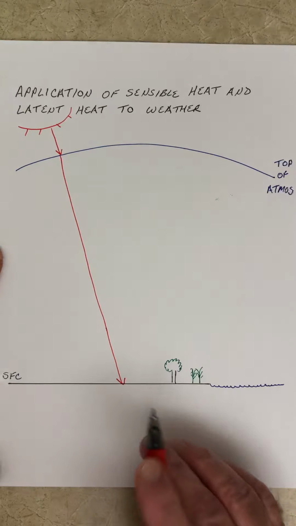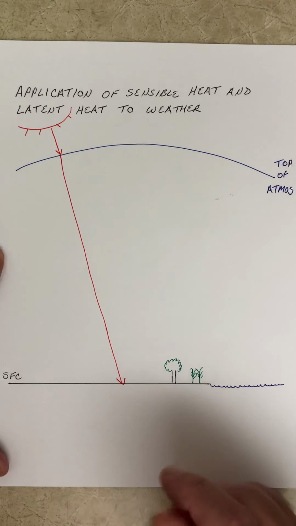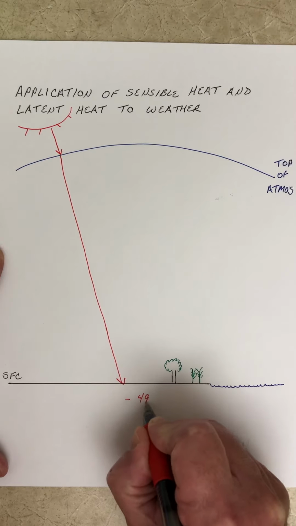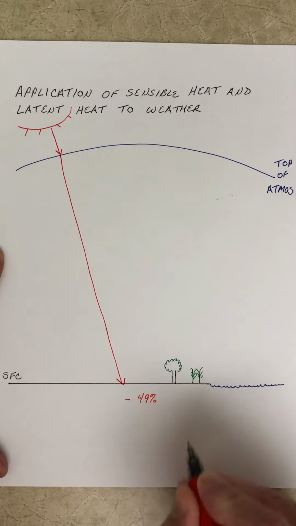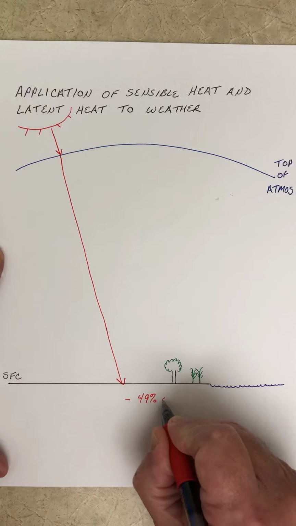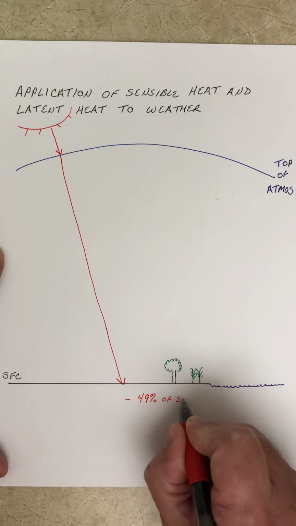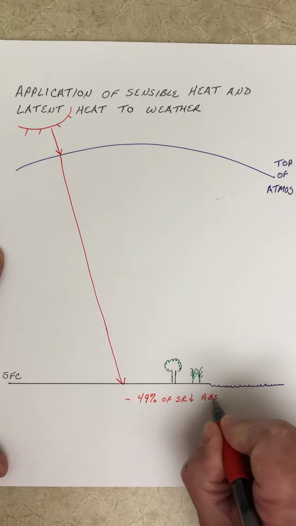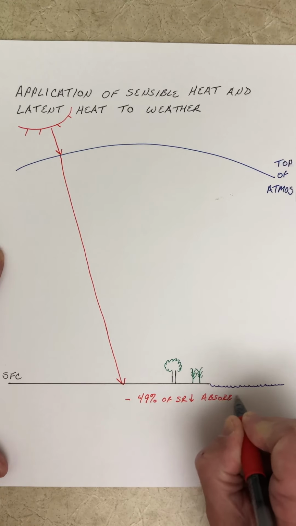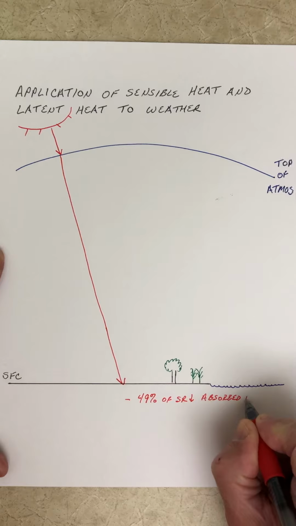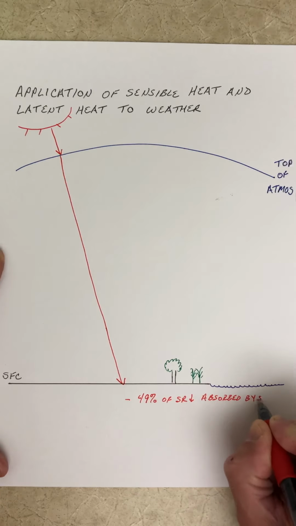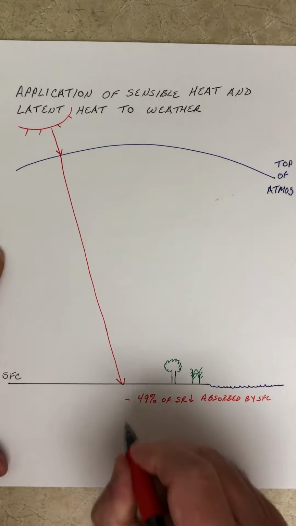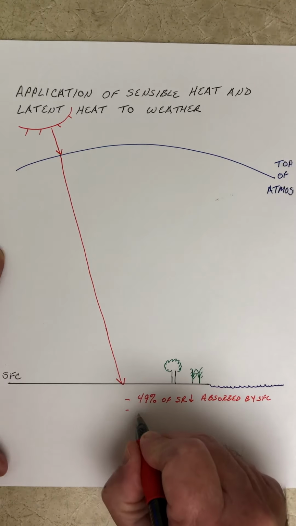So we've got solar radiation coming in, and again on a global basis, 49% makes it to the Earth's surface. So 49% of incoming solar radiation is absorbed by the surface. And of course what that is going to do is cause the surface to warm.